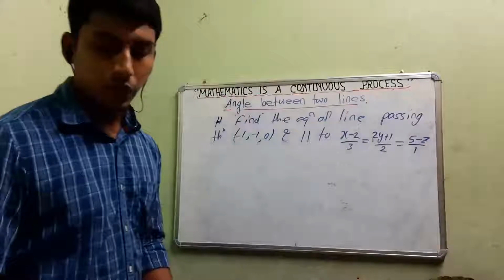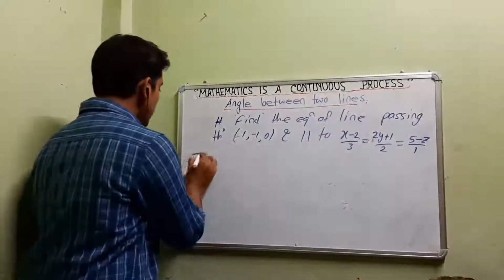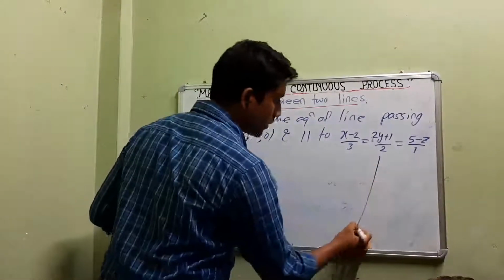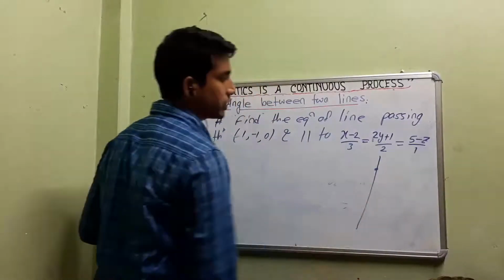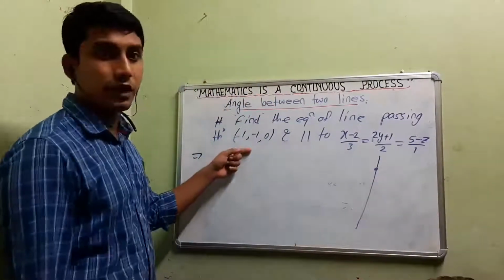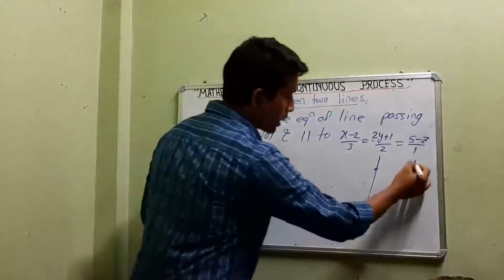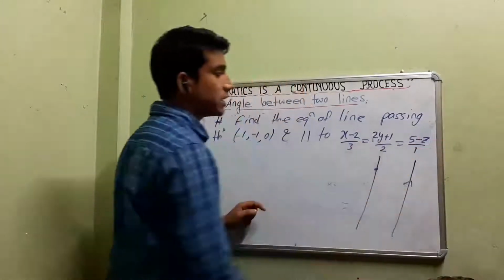As the question is given, we are supposed to find the equation of a line which is passing through a given point and is parallel to some other line whose equation is given.